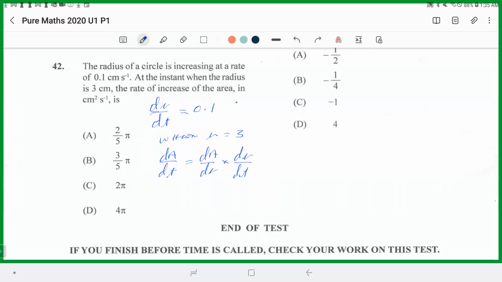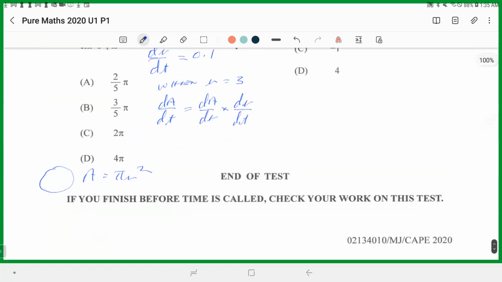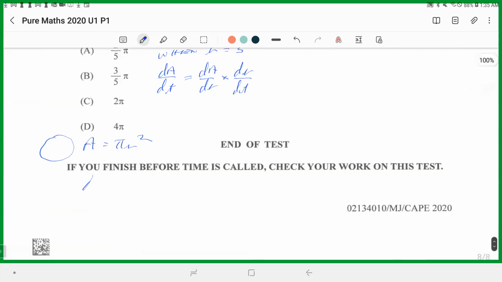How do we get dA by dr? We get dA by dr because we have a circle where the area is pi r squared. So it means then that dA by dr is equal to 2 pi r. So 2 pi r is coming right there.